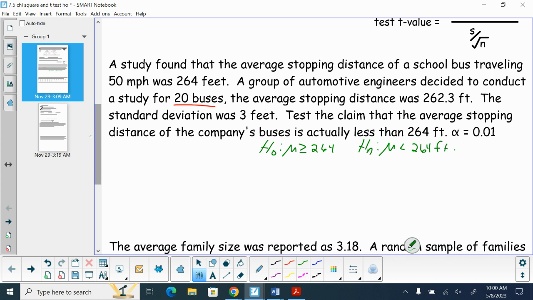We have a sample size of 20. Stopping distance was 262.3 feet. Standard deviation was 3 feet. We have an alpha value of 0.01.